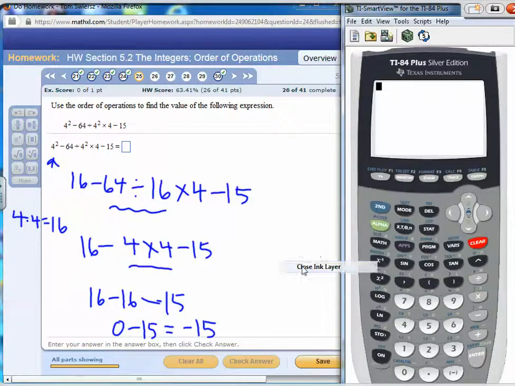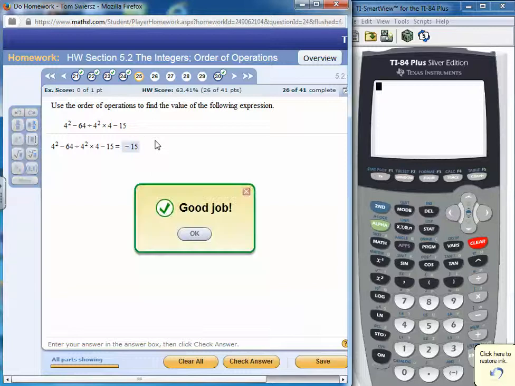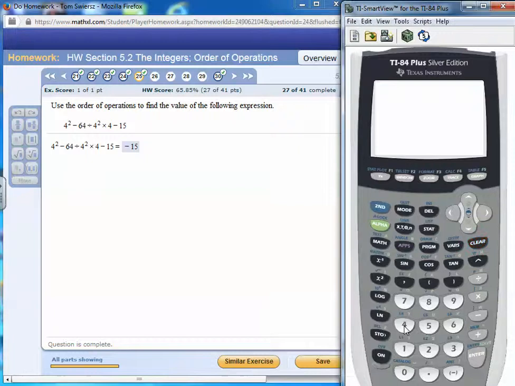Let's put that in and verify that we have the correct answer. Remember, your calculator has the order of operations built in, so you can simply type this in all in one step, hit enter, and get the answer. So we have 4, then the up arrow key to get an exponent, 2.